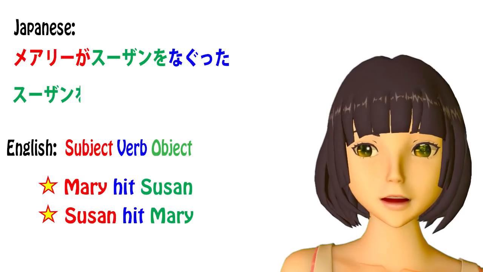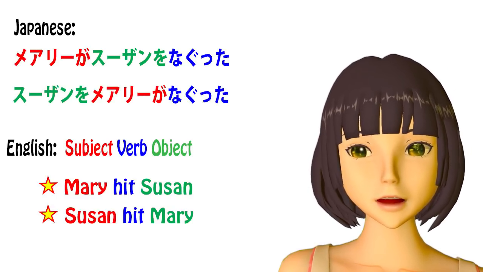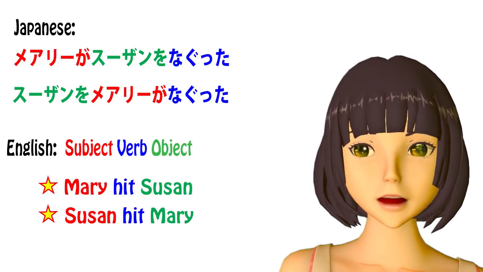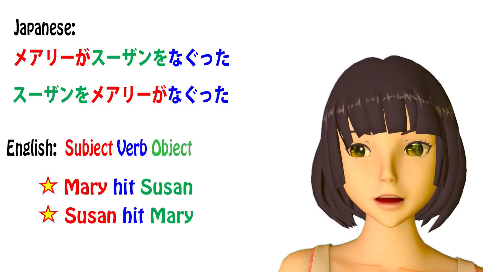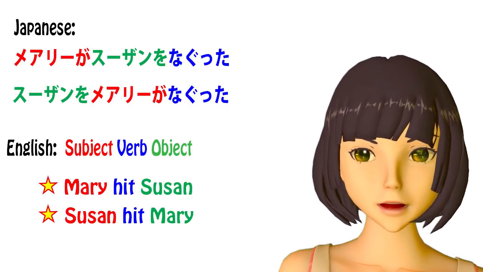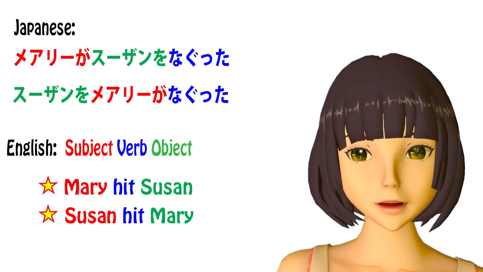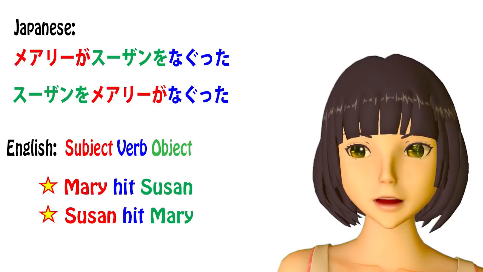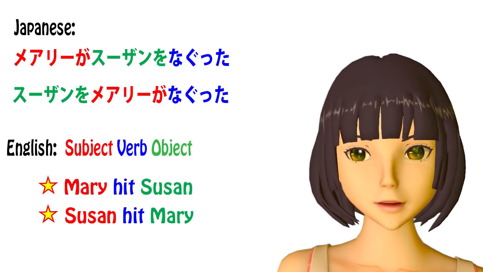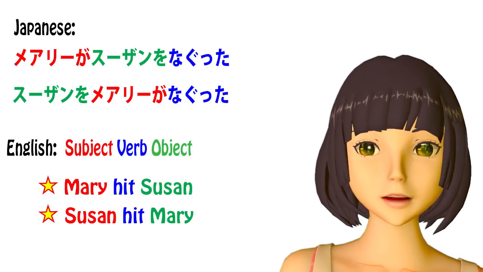We could just as easily say, Susan wo Mary ga nagutta, and we're still saying Mary hit Susan, even though we've changed the order. Because in Japanese, the question of who did what to whom, and most other logical questions like where it was done, what it was done with, and all those things are handled by logical particles.